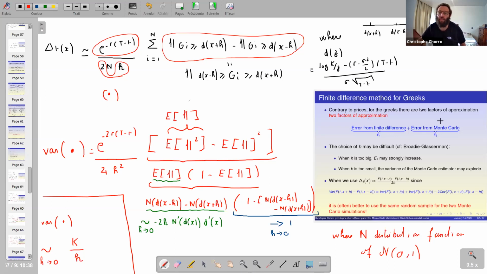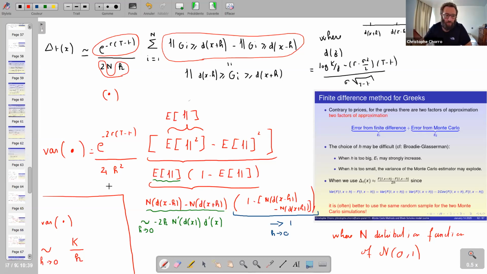Making one increase will make the other one decrease, and conversely. So it means that, contrary to what happens for prices, if I apply finite difference to Greeks, or at the very least to the delta, as I have explained here, I may have some new problems that I don't have when I approximate prices in the Black-Scholes model.